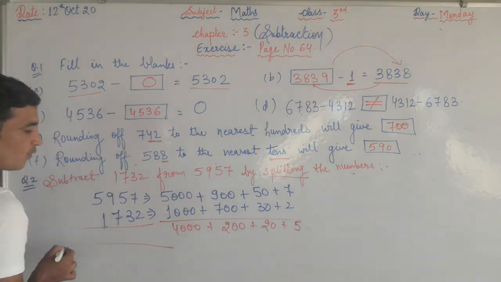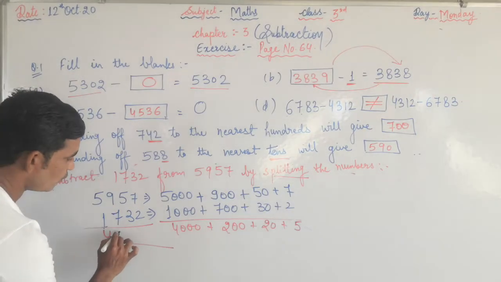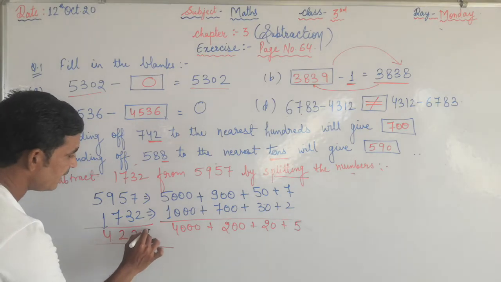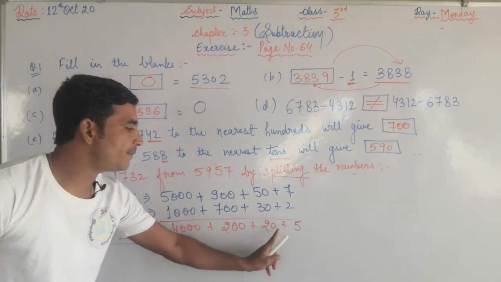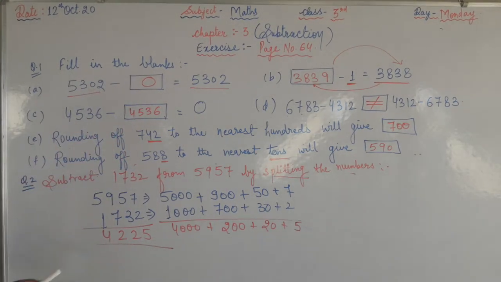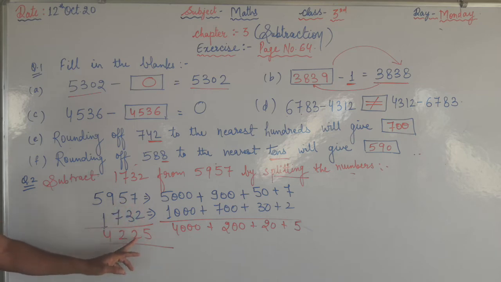So check what's the result: 4220 plus 5, that is 4225. Now check this: 7 minus 2, here it is 5. 5 minus 3, 2. 9 minus 7, 2. 5 minus 1, 4.